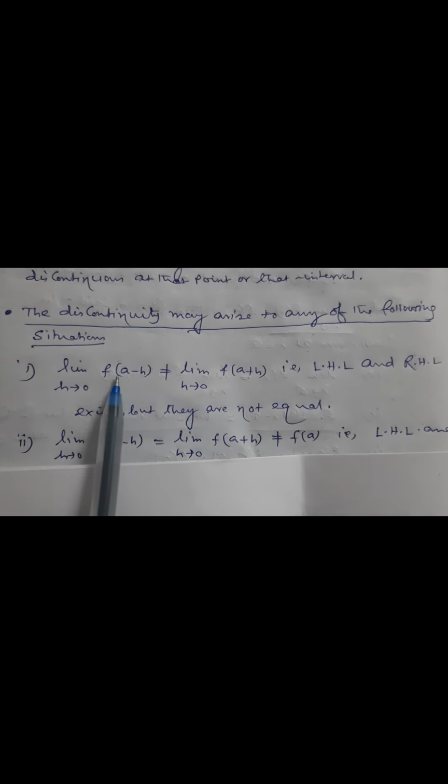But there are some cases we will discuss later. That is, the discontinuity may arise in any of the following situations. First case: limit h tends to 0 of f of a minus h is not equal to limit h tends to 0 of f of a plus h. That is, the left hand limit at x equals a is not equal to the right hand limit at x equals a. That is, the left hand limit and right hand limit exist but they are not equal.